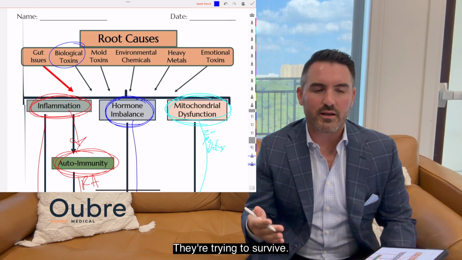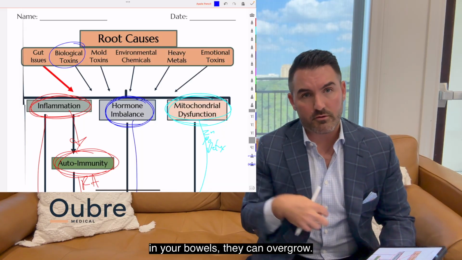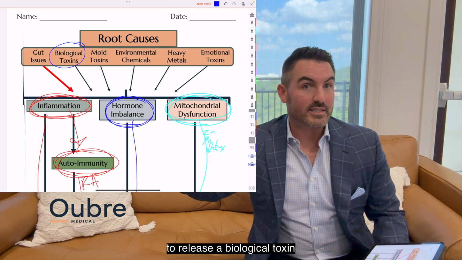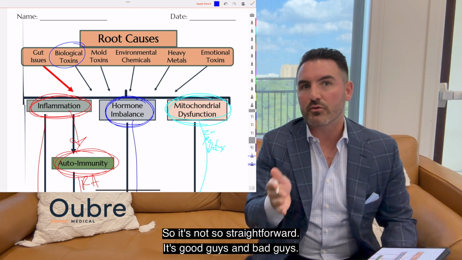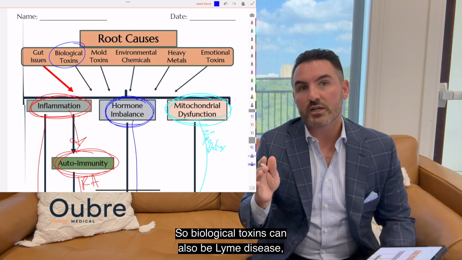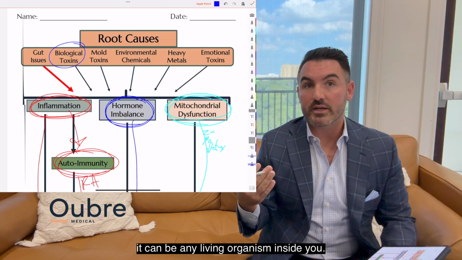They're trying to survive. They've even proven that good organisms in your microbiome, in your bowels, can overgrow. And when they overgrow, they actually start to release a biological toxin to cause problems in the system. So it's not so straightforward as good guys and bad guys. It's the balance that matters. So biological toxins can also be Lyme disease. It can be any living organism inside you.